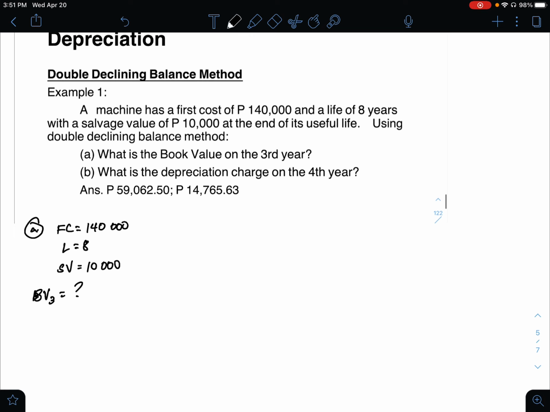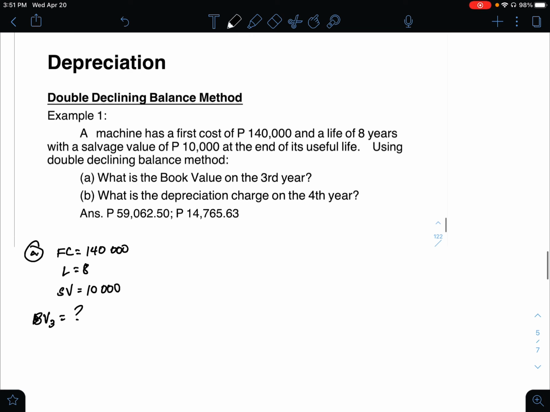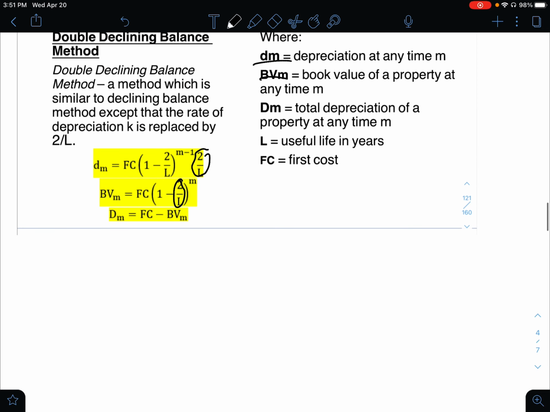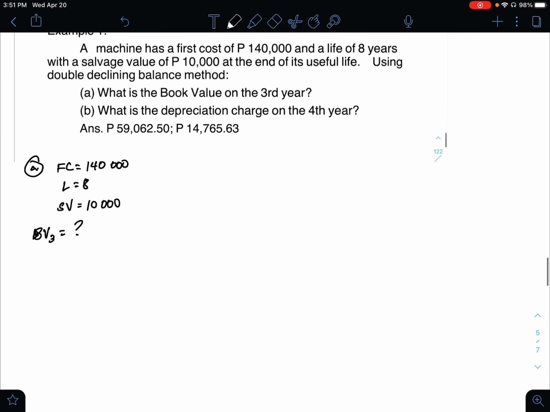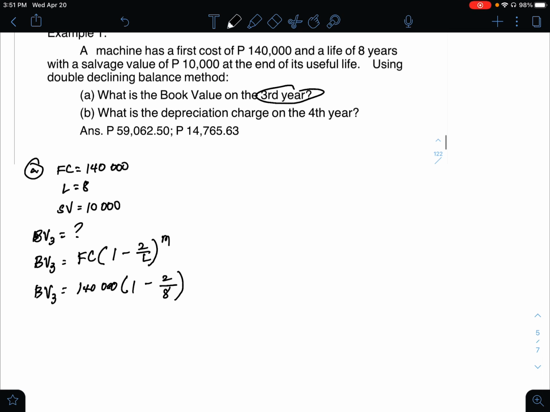So, our formula is BV3, or BVm, is equal to FC times 1 minus k, but instead of k, it is 2 over L, raised to the power of m. It is still declining balance. So BV3 is equal to first cost times 1 minus 2 over L raised to the power of m. So BV3 is equal to 140,000 times 1 minus 2 over 8 raised to the power of, what is our m?